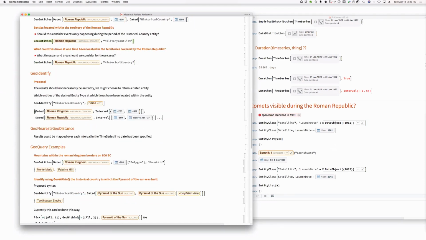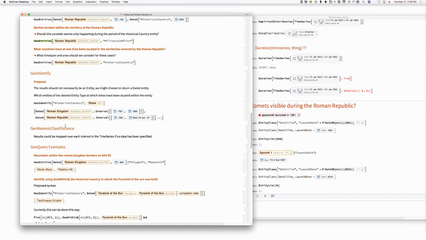Somebody's typing an area. Okay, why isn't this returning a time series? That's a mess. I think it should return a time series.